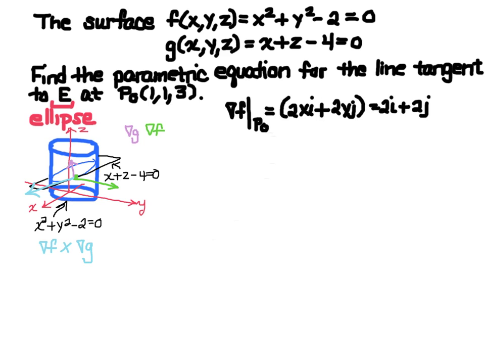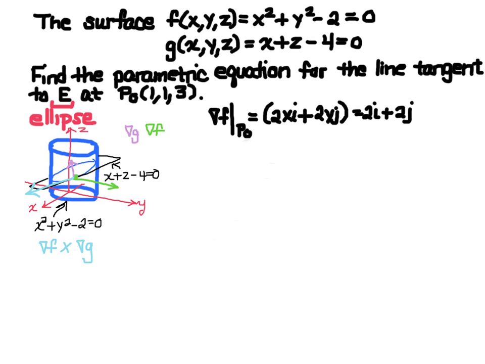And let's move that up. That's our gradient of f. And now we're going to find the gradient of g. Again, this is at our point P naught, and that's going to be i plus k, and that is at the point 1, 1, 3, so of course it stays as i plus k. I'll move that up.